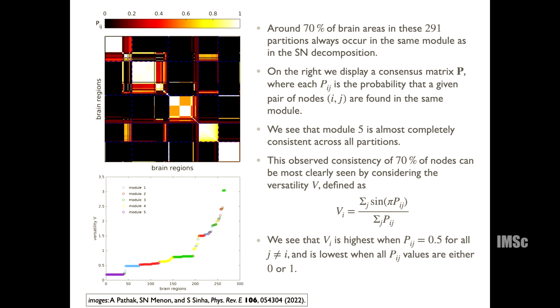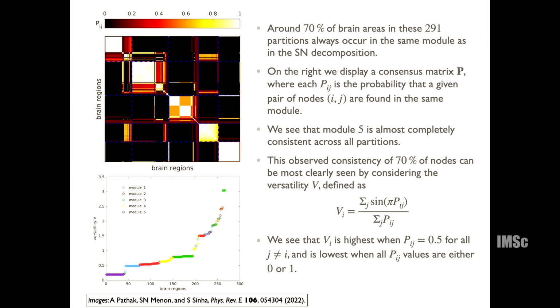Many of the others also show a fair degree of stability, which is very good to know, because not only is our q value close to as good as you can get, but also the partitioning that we have is fairly consistent with what you would get over a whole ensemble of partitions using simulated annealing, right?